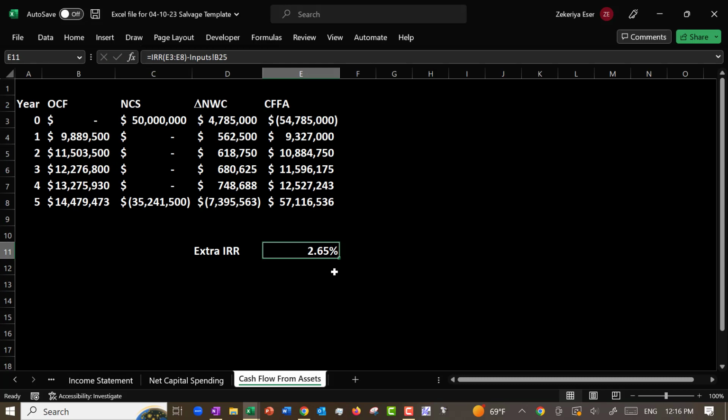That way I can say internal rate of return is actually above the required rate of return, which means you accept the project.